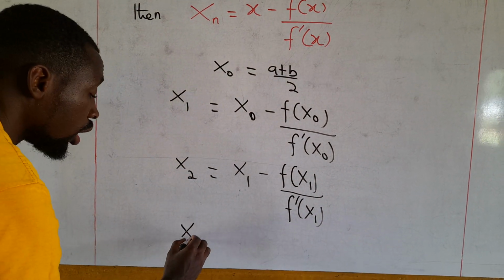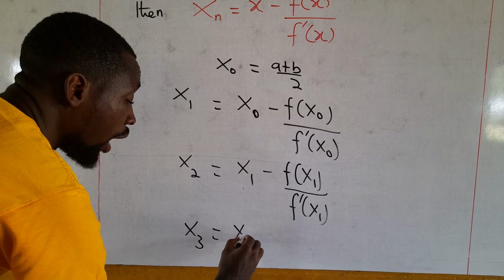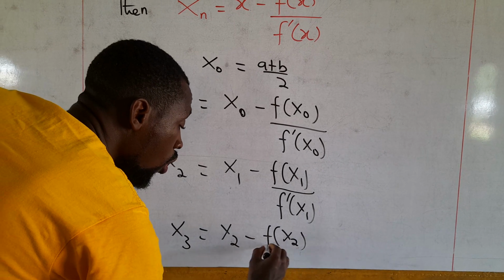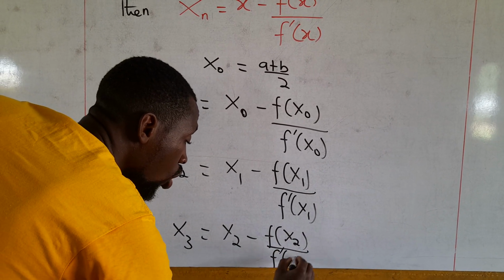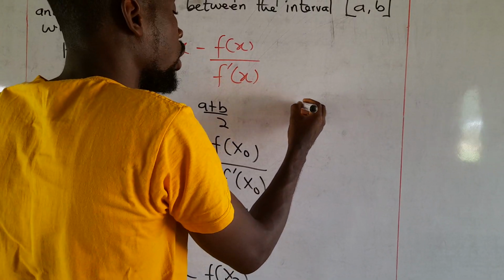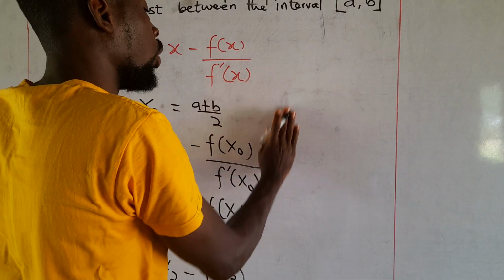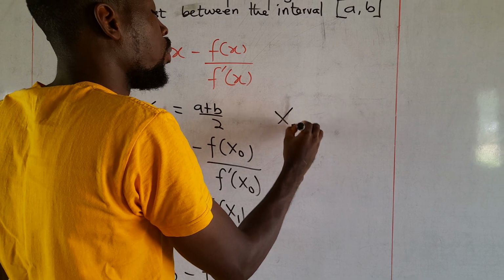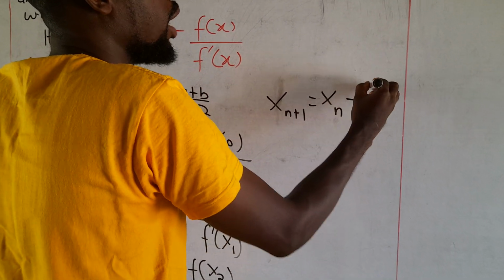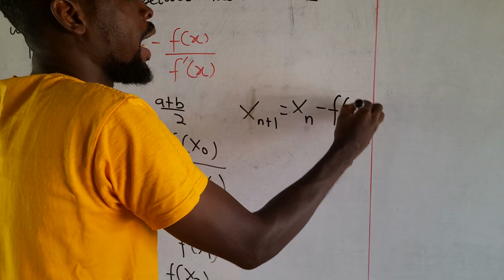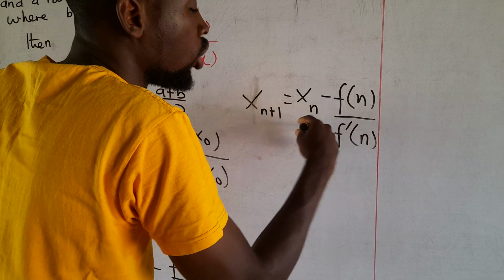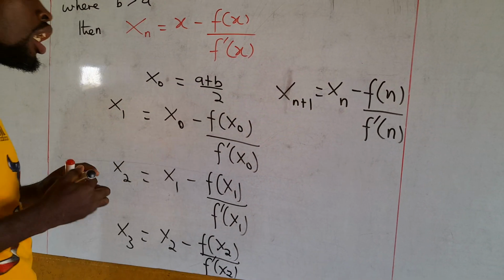Our x3 will be equal to x2 minus f of x2 over f prime of x2. We'll continue like that until we have x of n plus 1 equal to xn minus f of xn over f prime of xn. So that's all about the Newton iteration method.